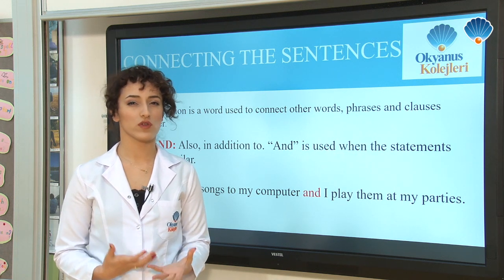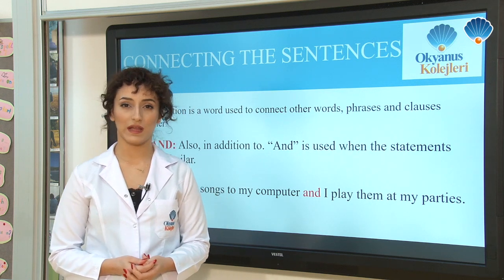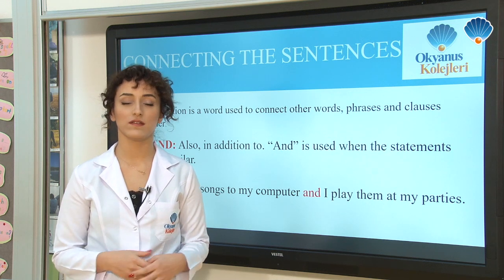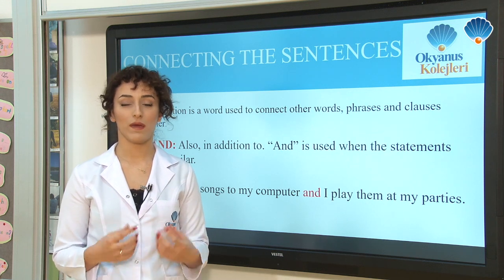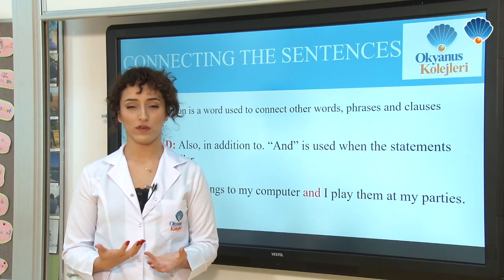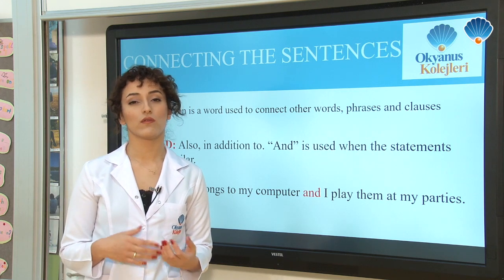What does a conjunction do? As you know, conjunctions link two statements or phrases to each other to make one sentence at once. To do that, we need to know which one is useful for what.